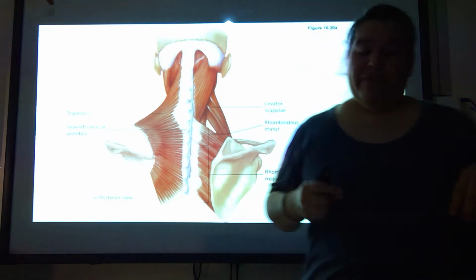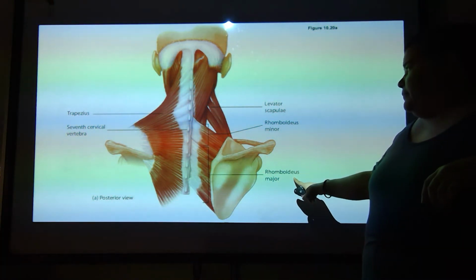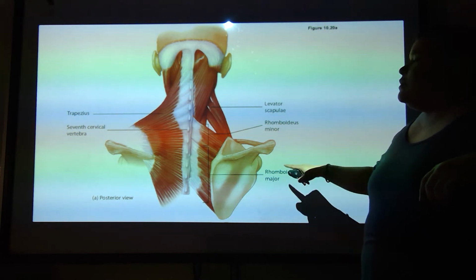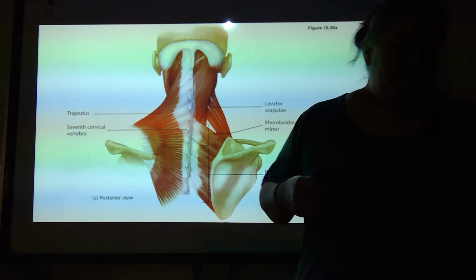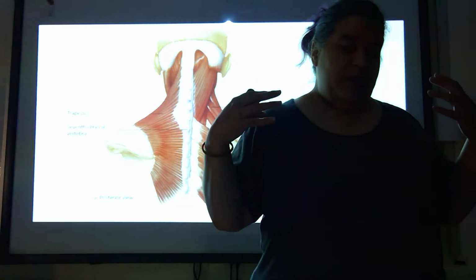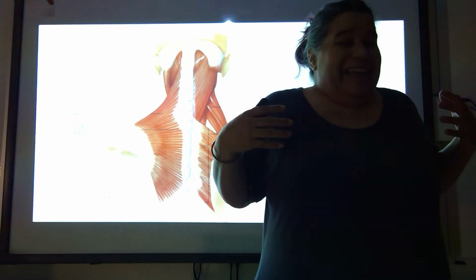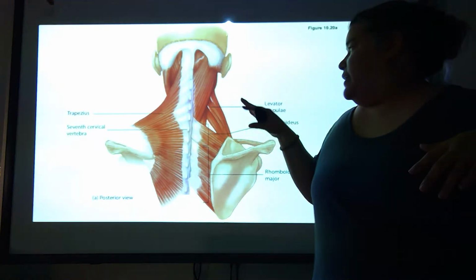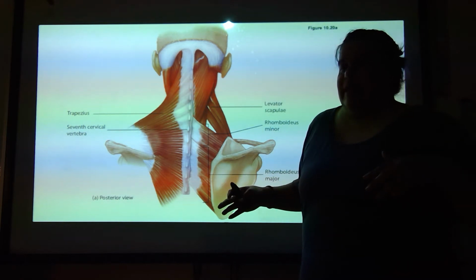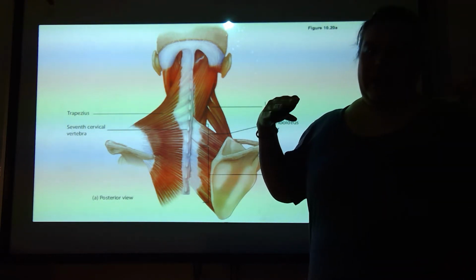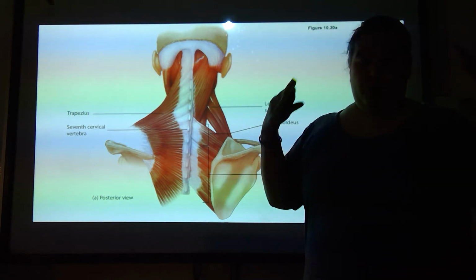And then we've got the Rhomboideus Minor and the Rhomboideus Major. They also kind of do the same in the fact that they retract. They can slightly elevate, not as much as the other two. And if you look at their location, that makes sense. They can't necessarily elevate it as highly as the other two because it's not stretched that far.